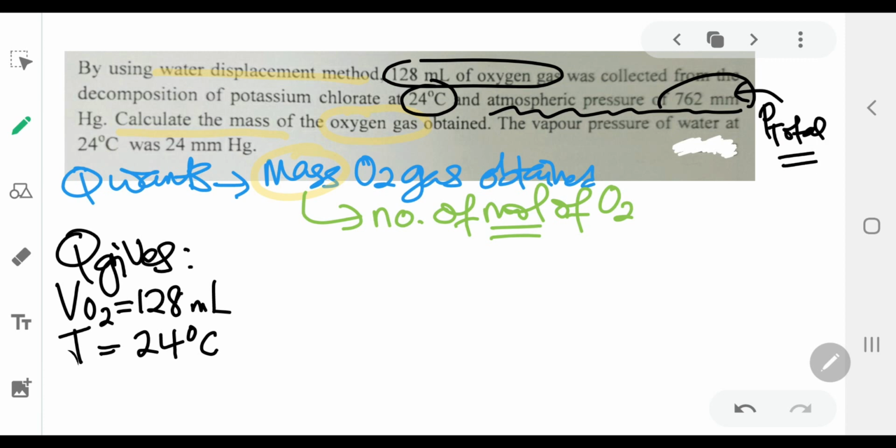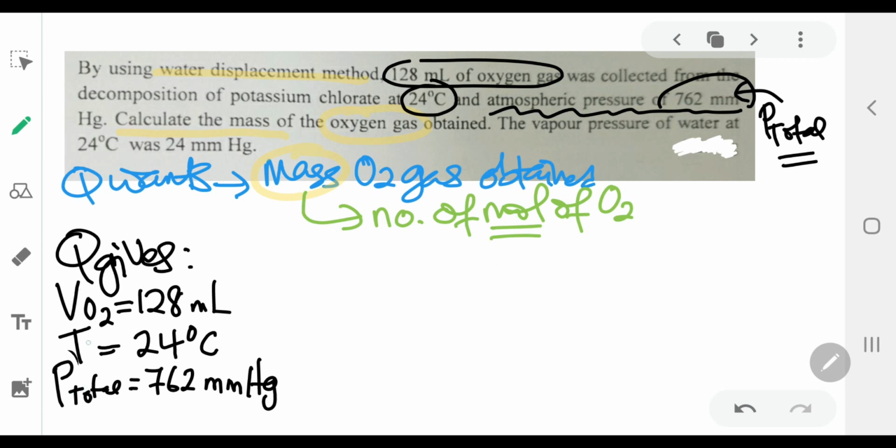Okay, so that one should be your P total. So your P total is 762 millimeter mercury. So when you look at millimeter mercury, you know that we need to do some conversion.